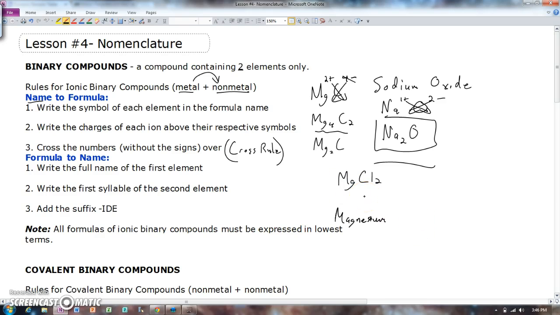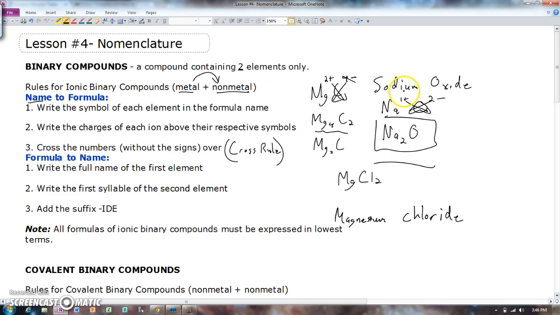And then I'm going to write the first syllable of the second element. This is chlorine, so I'm going to write chlor, and I'm going to drop the ending and add ide. So it just becomes magnesium chloride.